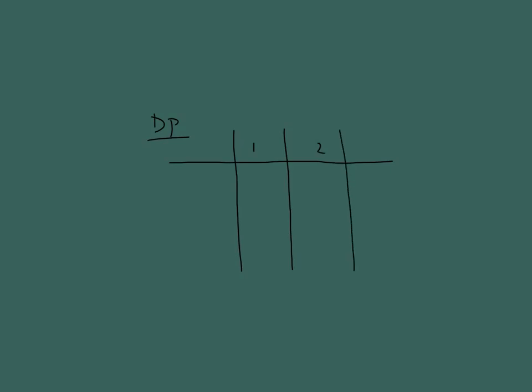And this is DP basically, decimal place. So if I have 56.2, to 1 decimal place is 56.2. To 2 decimal places is 56.20, because you have to put a 0 in to represent the second decimal place.